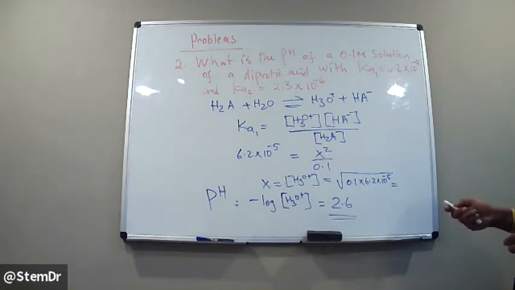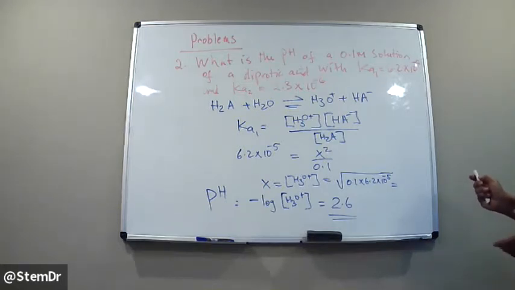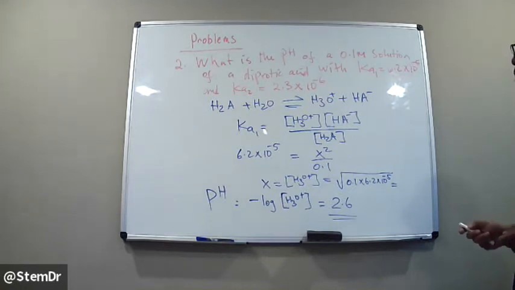For example, problem number 2: what is the pH of a 0.1 molar solution of a diprotic acid with Ka1 of 6.2 times 10 to the minus 5, and the second ionization constant is 2.3 times 10 to the minus 6? Basically, the first equilibrium equation would be the diprotic acid in aqueous solution giving us the first proton and the conjugate base. So that's what we're going to use for calculating the pH of that solution.